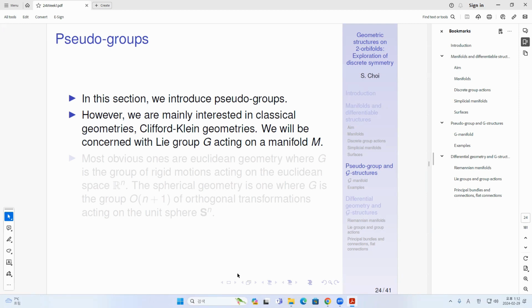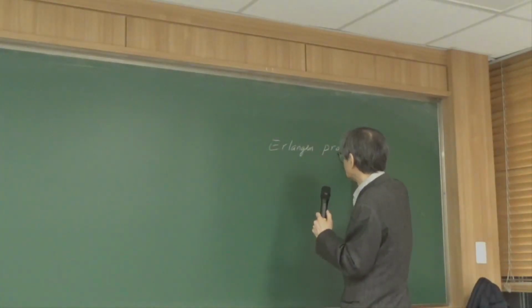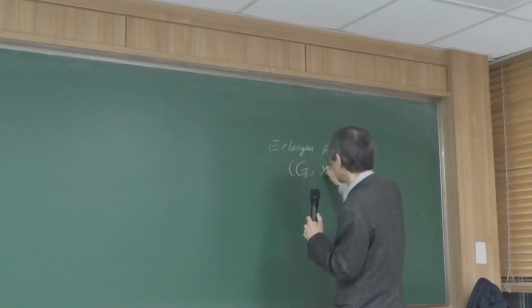Usually, Klein's Erlangen program is that you have a Lie group G acting on X transitively.